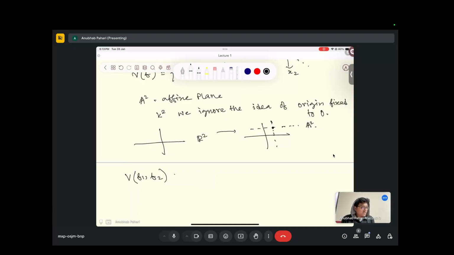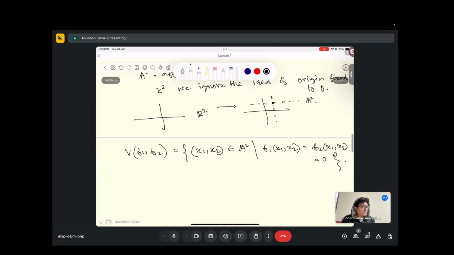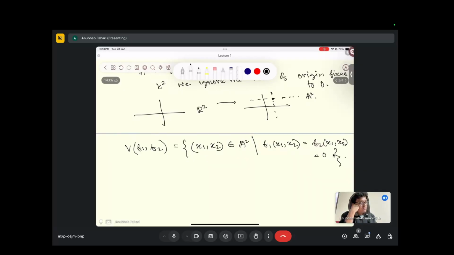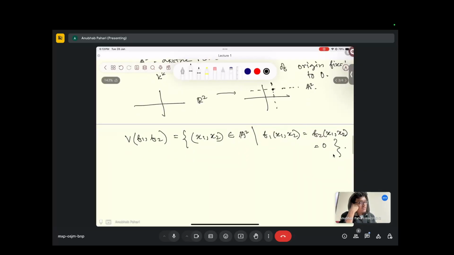It should be the points (x1, x2) from A^2 such that both f1(x1, x2) and f2(x1, x2) equal 0, right? So you can see that when we define it for more than one polynomial, the points in this algebraic set should satisfy both the polynomials.